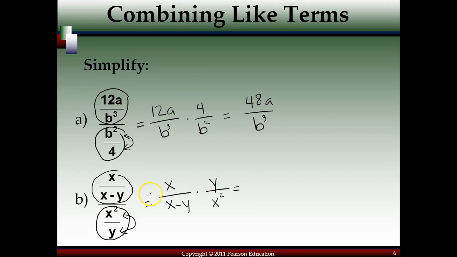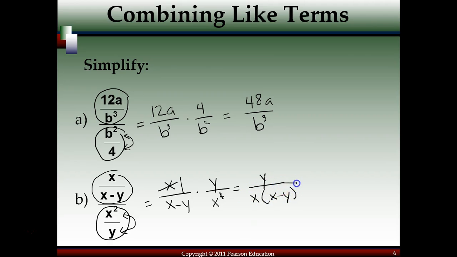Now we just multiply straight across, but before we do, we can actually cancel out this factor of x with one of the factors of x here. So we're left with 1 here and x to the first here. Now multiply: we have 1 times y, just y, and then x minus y times x, so x times x minus y.